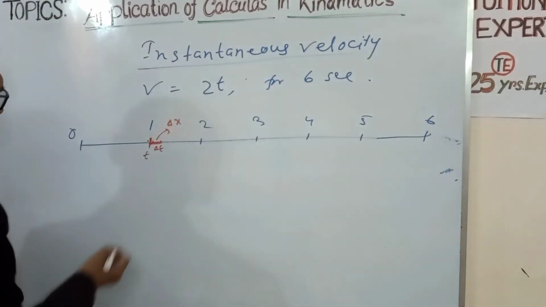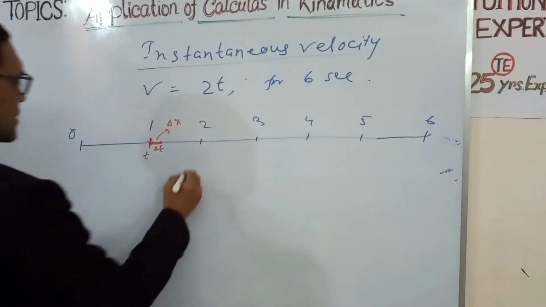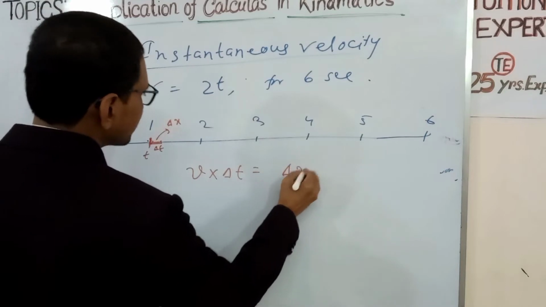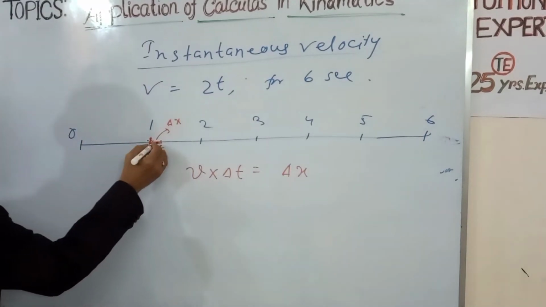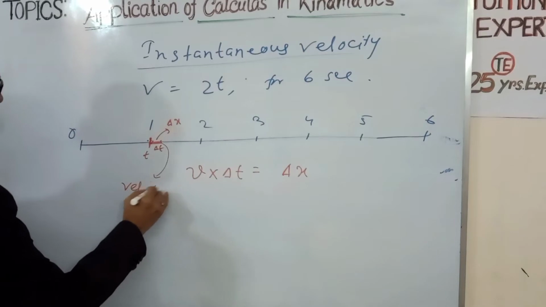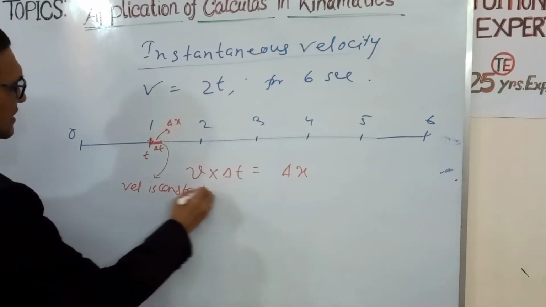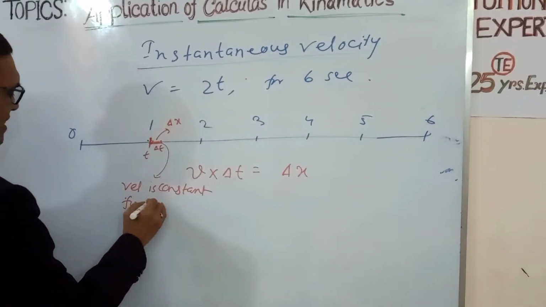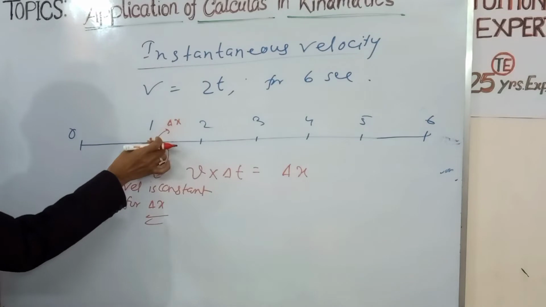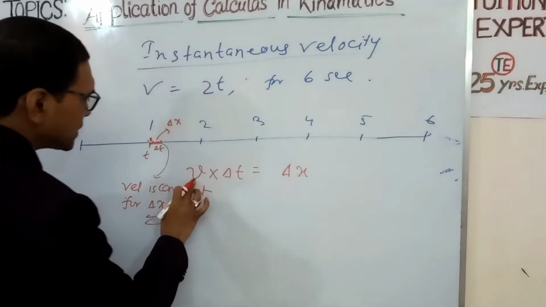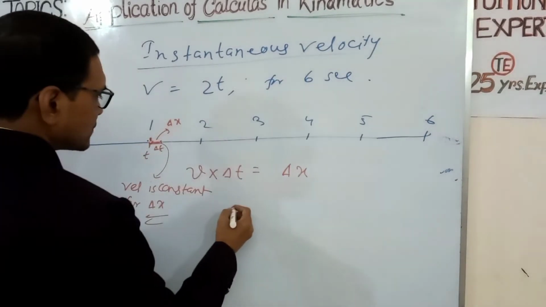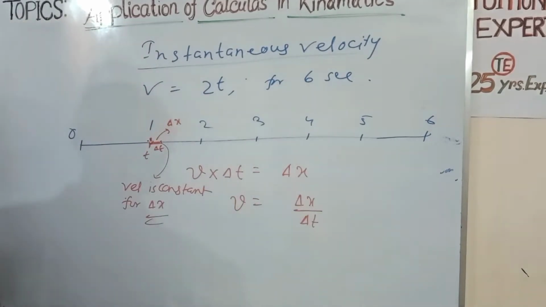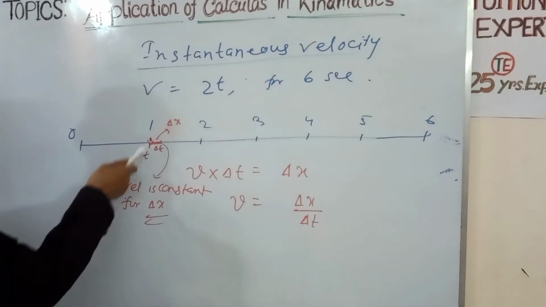Now if we consider that velocity is constant throughout the distance del x, then we can apply v into del t equal to del x. Now v equal to del x by del t. Now it will be instantaneous at that moment.